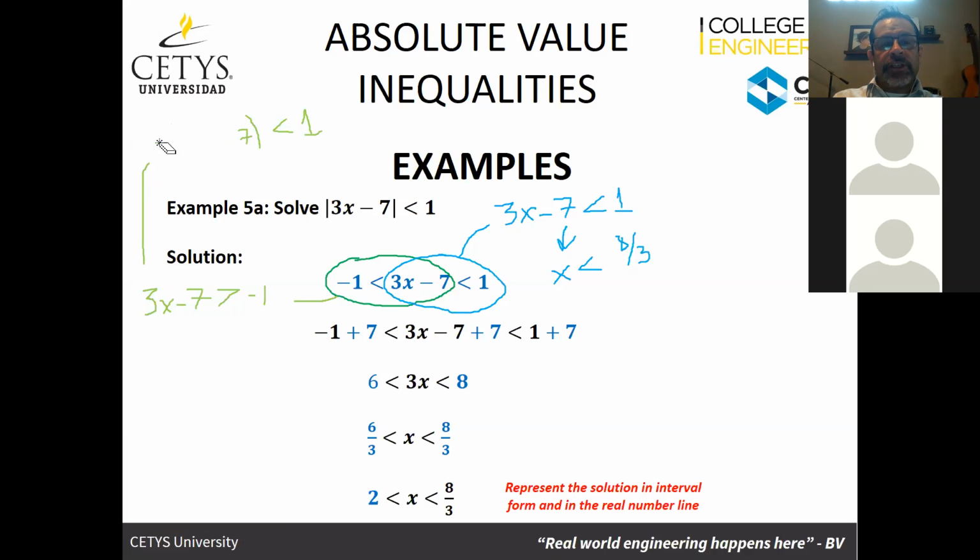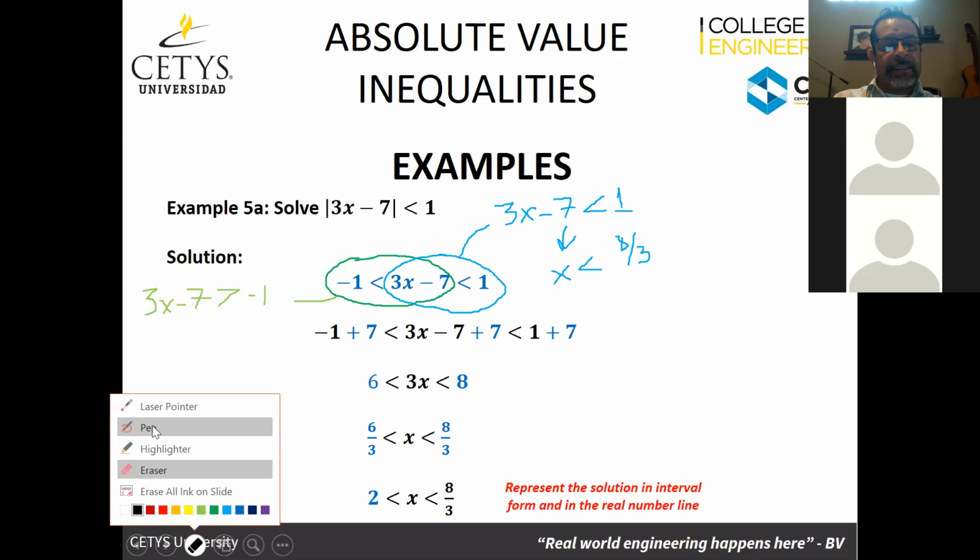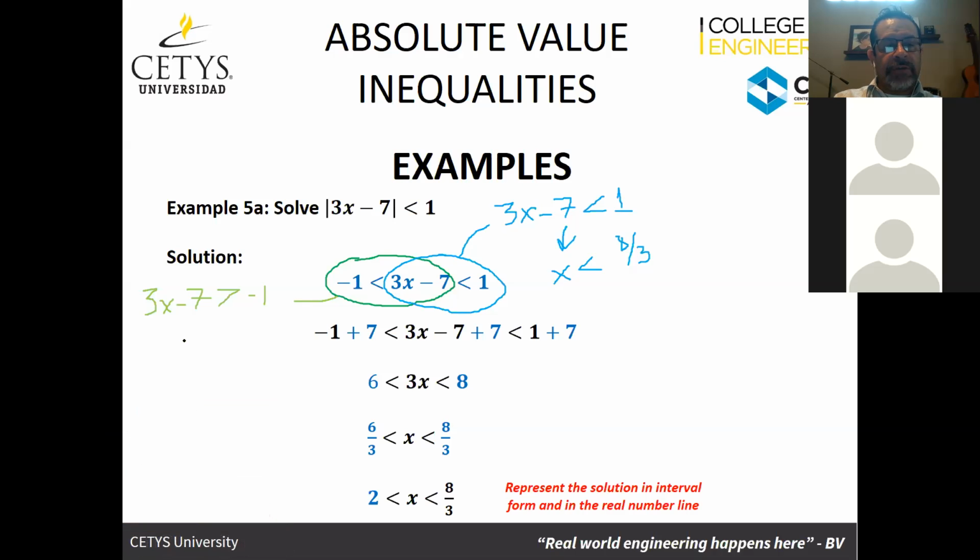So if we solve it here, I'm just going to erase this so we don't generate any confusion. If we solve this one here, we are going to get that x is going to be less than 8/3. If we solve this one, okay, we are going to get that x is going to be larger than 2, okay?